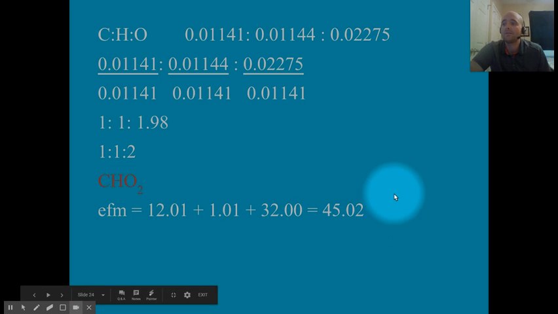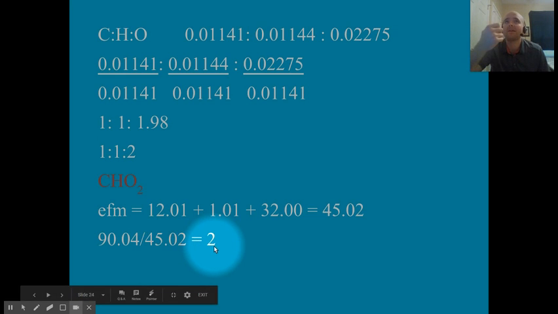It told us in the original problem that the molar mass of the sample was 90.04. It's very handy that this turns out to be a whole number, that my molar mass divided by my empirical formula mass equals 2.